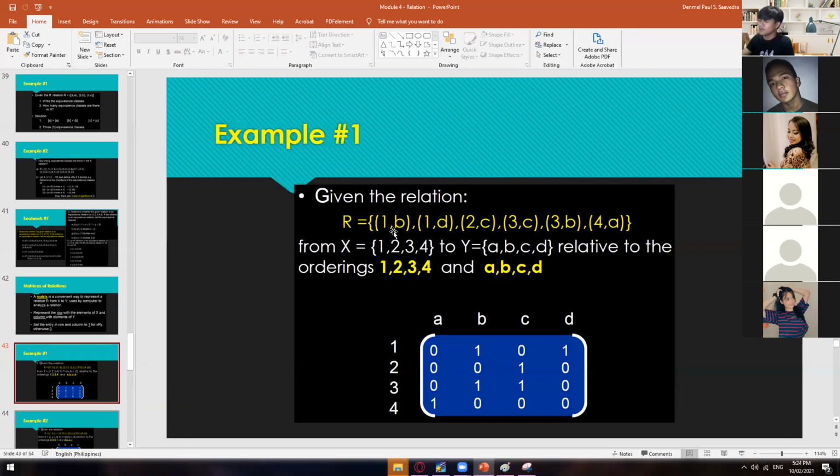So we have an ordered pair 1B wherein they are in relation with each other, so just put there 1. Then we have 2C, we have 3C, we have 3B, and then we have 4A. And then once you're done filling up the related ordered pairs, just put 0 on the other coordinates.